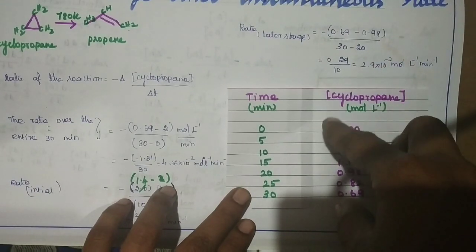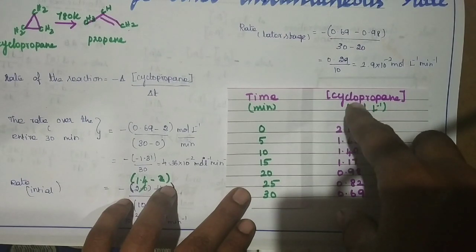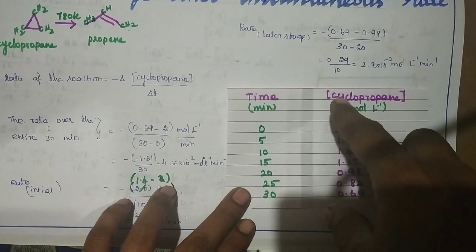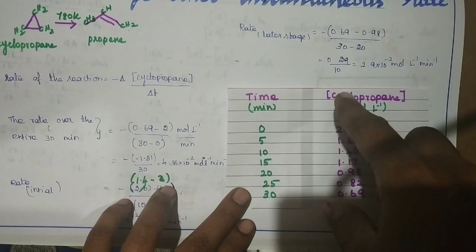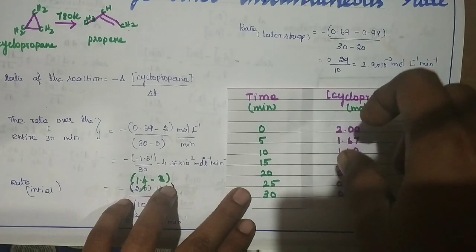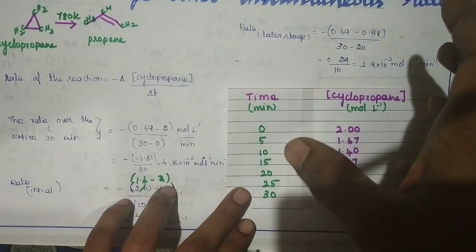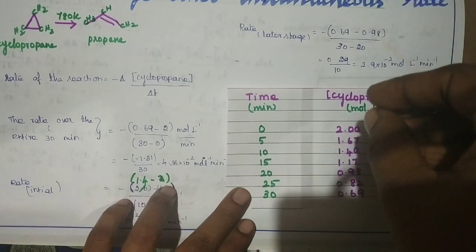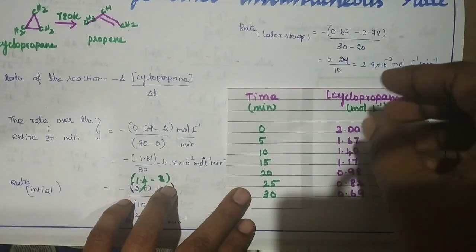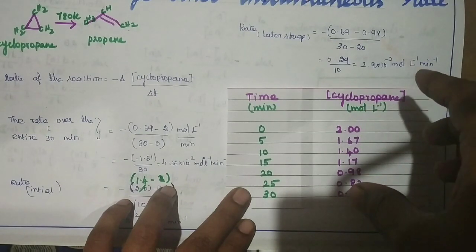From the above calculation we come to know that the rate decreases with time as the reaction proceeds, and the average rate cannot be used to predict the rate of the reaction at any instant.